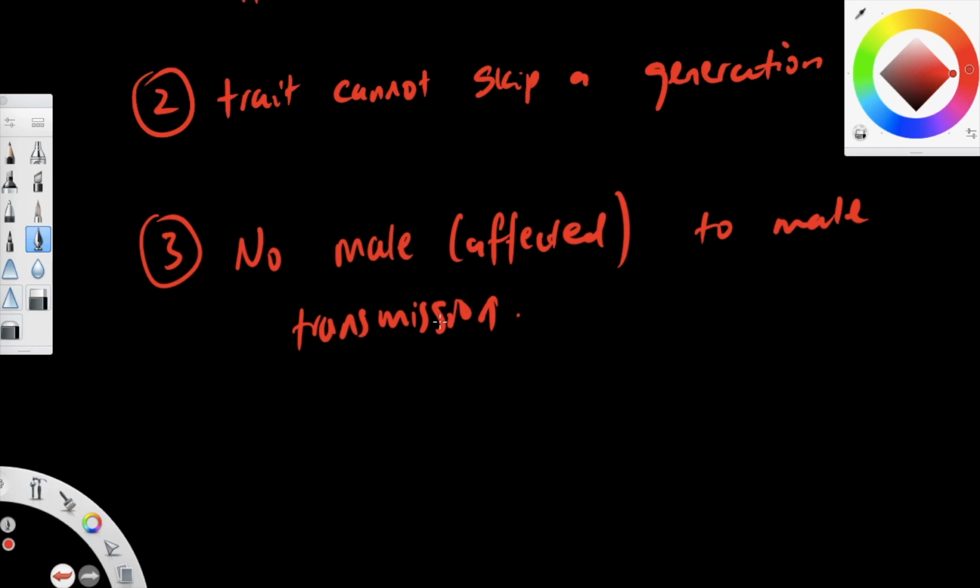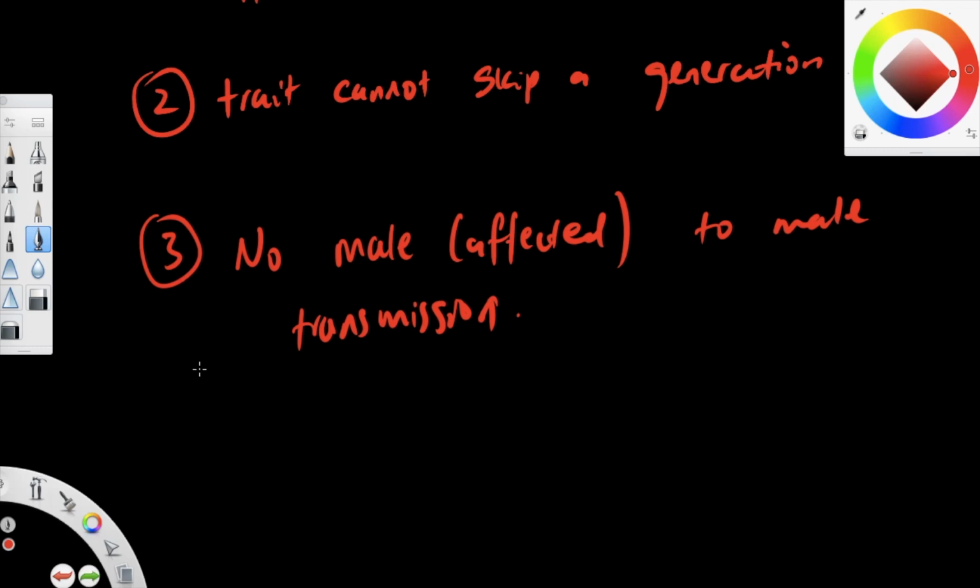Therefore, there is no allele responsible for our trait of concern that's present on the Y chromosome, right? It's only on the X chromosome. Obviously, there are alleles on the Y chromosome, but they are not responsible for our trait of concern, e.g., do you have color blindness or do you not, right?